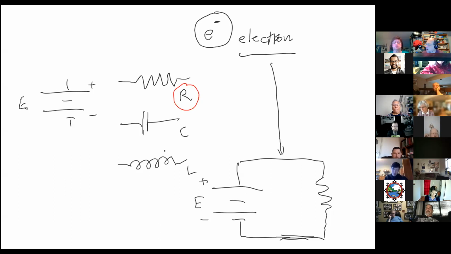Because if we look on a microscopic level, what we'll find is, if this is an atom and this is the nucleus, what's in the nucleus? What particles? Protons and neutrons. Protons with a positive charge, neutrons with a 0 charge.